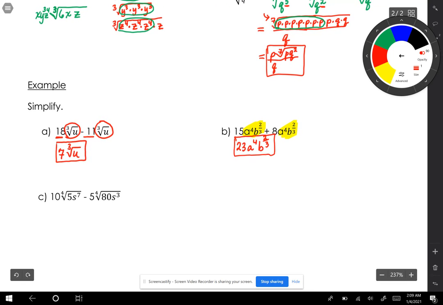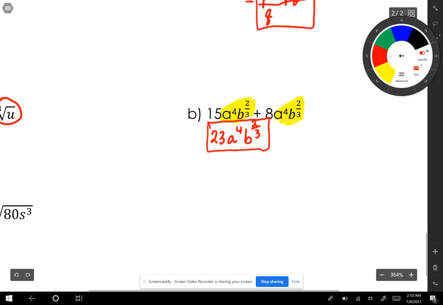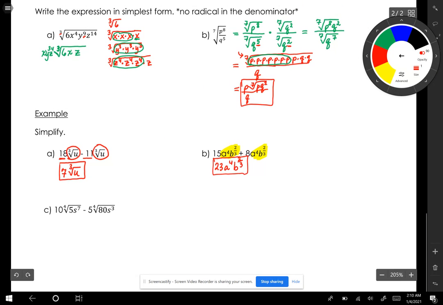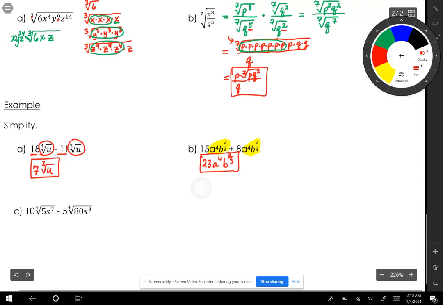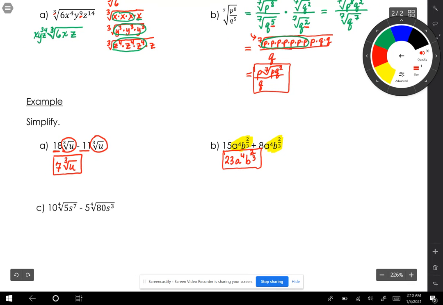And then lastly, look, on the last one, you can't because the things are not alike. You need to make them be alike. So this one is a little harder, but we're going to do it anyway. We're going to tackle it. So we have 10 times the 4th root of 5s to the 7th.